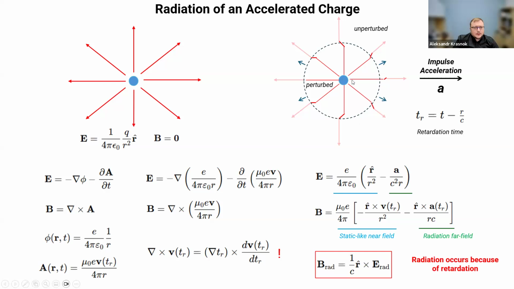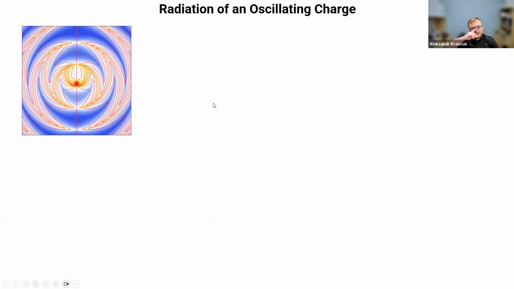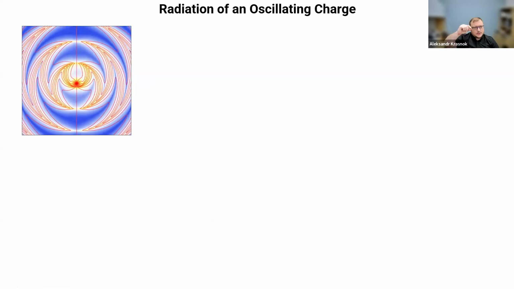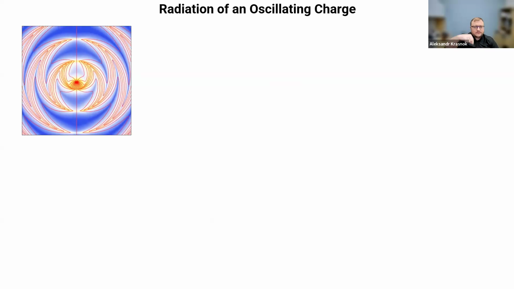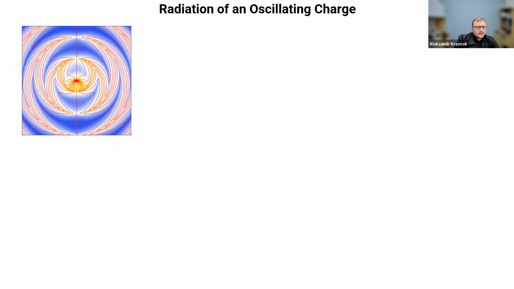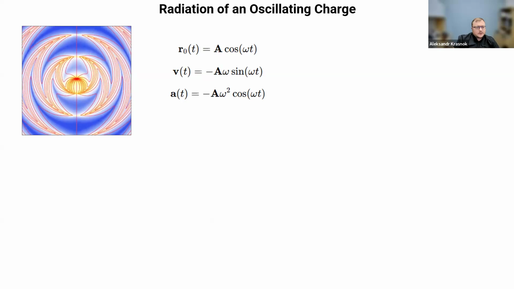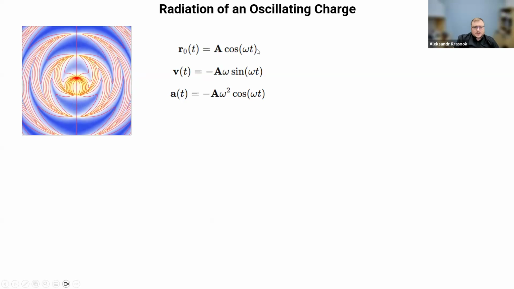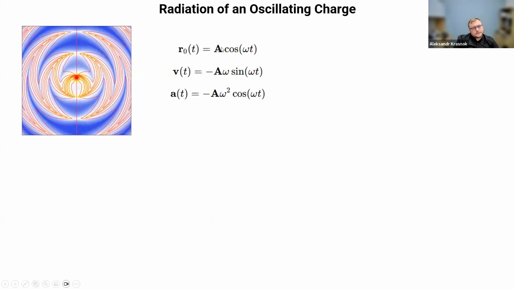So now I'm making my charge not just abruptly accelerate, but oscillate in time harmonically. The coordinate changes as the cosine function of omega t, where omega is the angular frequency.